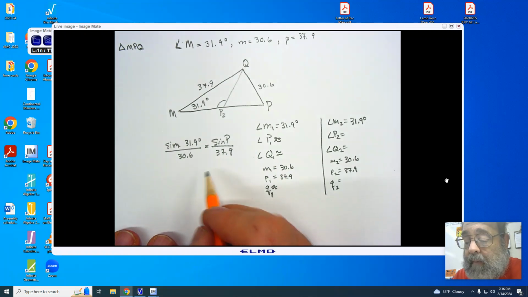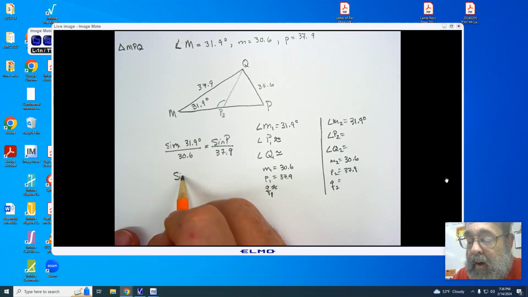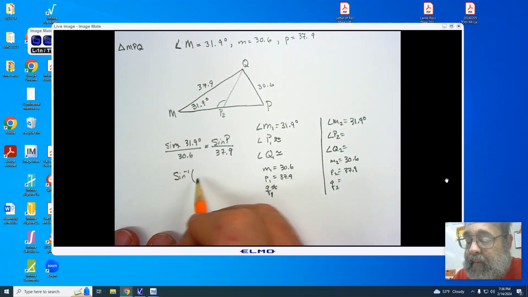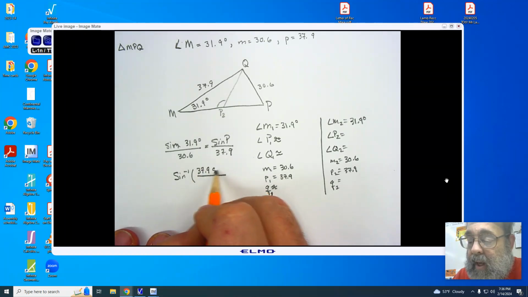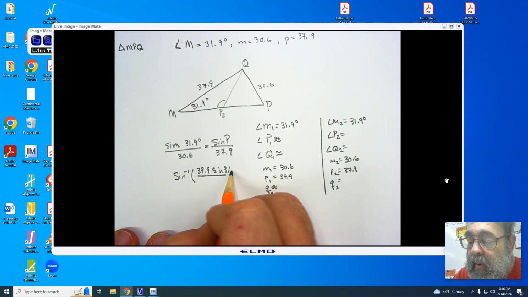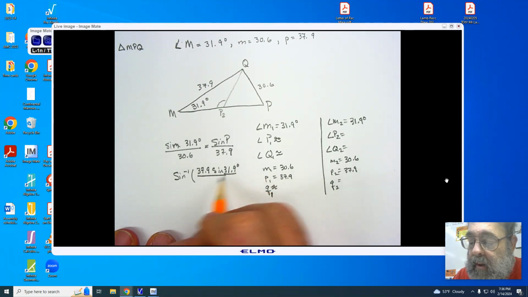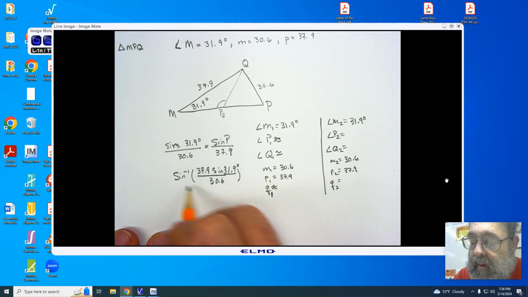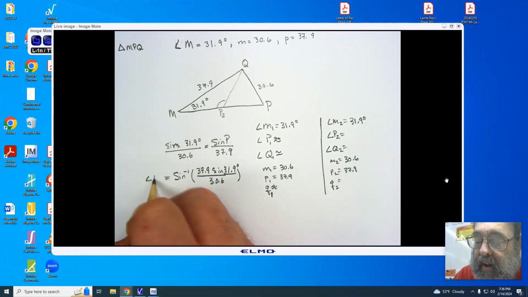We're now going to solve for P. This will give me the arc sine of 37.9 times the sine of 31.9 degrees. We're dividing that by 30.6. This will give us angle P.